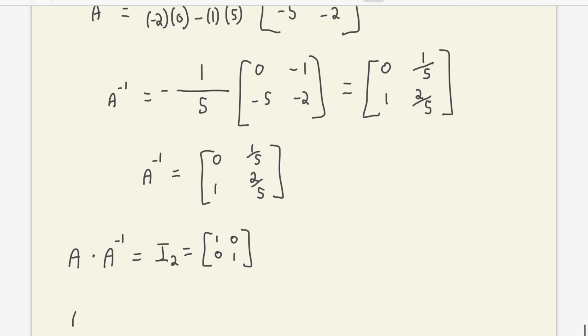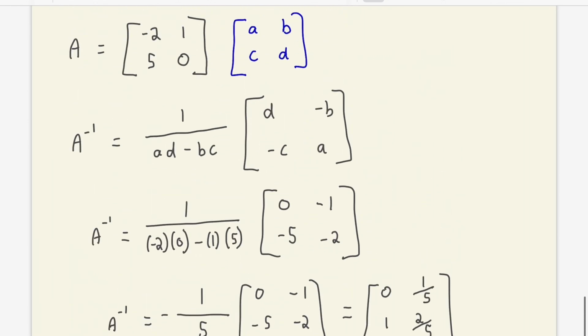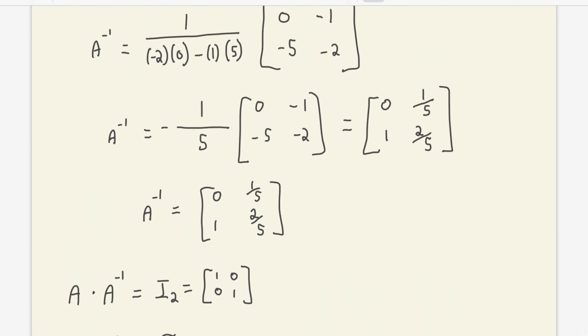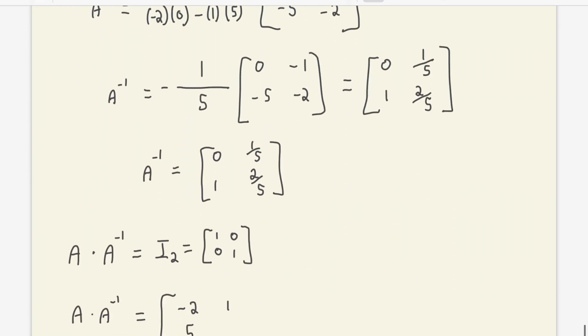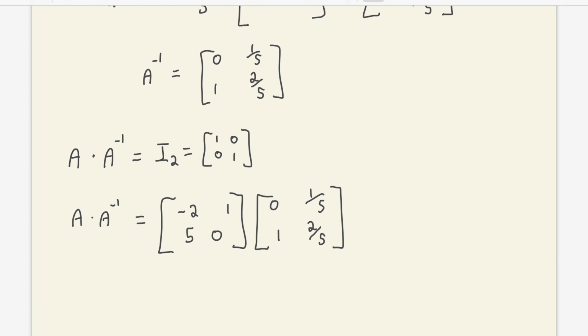So if we take A times our inverse of A, remember our original A matrix was -2, 1 on our first row, and then we have 5, 0 on our second row. And then we want to multiply that by our inverse matrix, which we've just gotten, which is 0, 1 over 5, 1, and 2 over 5. So when we're multiplying together, we're going to multiply the rows with the columns.